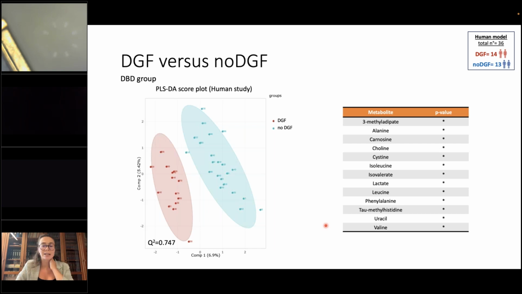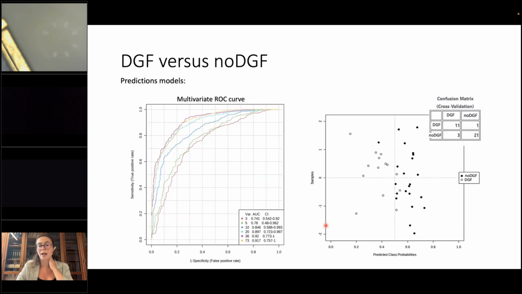To go further in this analysis, we performed a prediction model. First, we generated a multivariate ROC curve by which we were able to see that the prediction performance of the model was good, with an AUC of 0.92 taking into consideration 36 variables, and a good confusion matrix was also obtained.